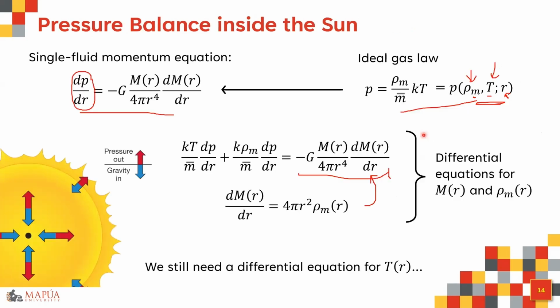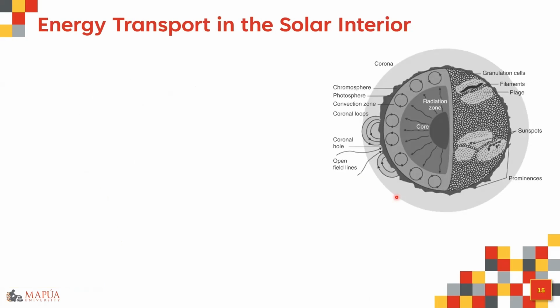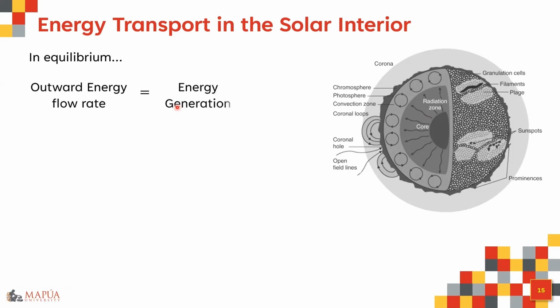Now, in order to know how temperature varies with radius or distance, we can use the concept of diffusion. In equilibrium, any outward energy flow rate, as energy is transferred from the core to the surface, is equal to the amount of energy generated.